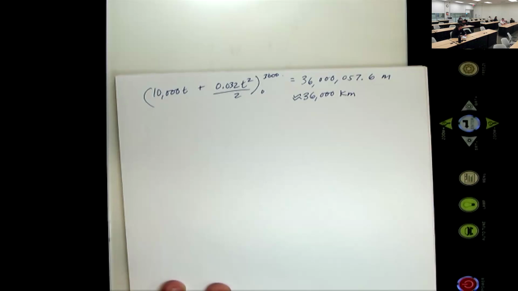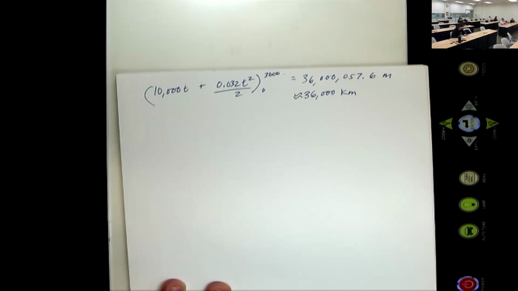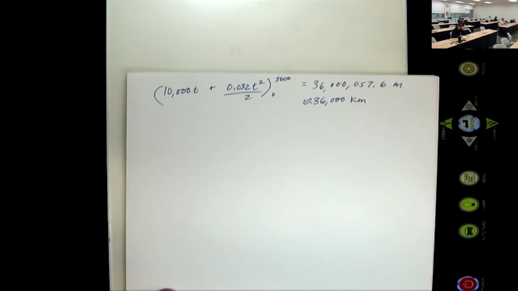Well, integrating this is giving us the area under the velocity time graph, which is position. Yeah, integrating velocity is giving us the s of t. Good God, that's a lot of kilometers.